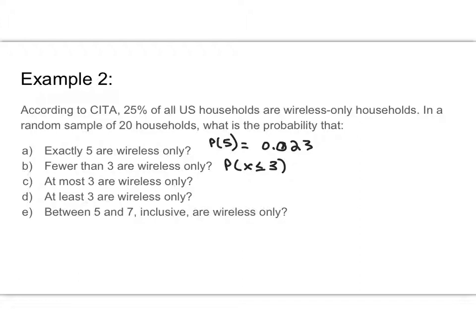Or you can go to the other table we've been using and just add up the probability of 0 plus the probability of 1 plus the probability of 2 plus the probability of 3. But from the cumulative distribution table, it looks like 0.2252. I've gone to n equals 20, probability is 0.25, and the column 3, and I get 0.2252.